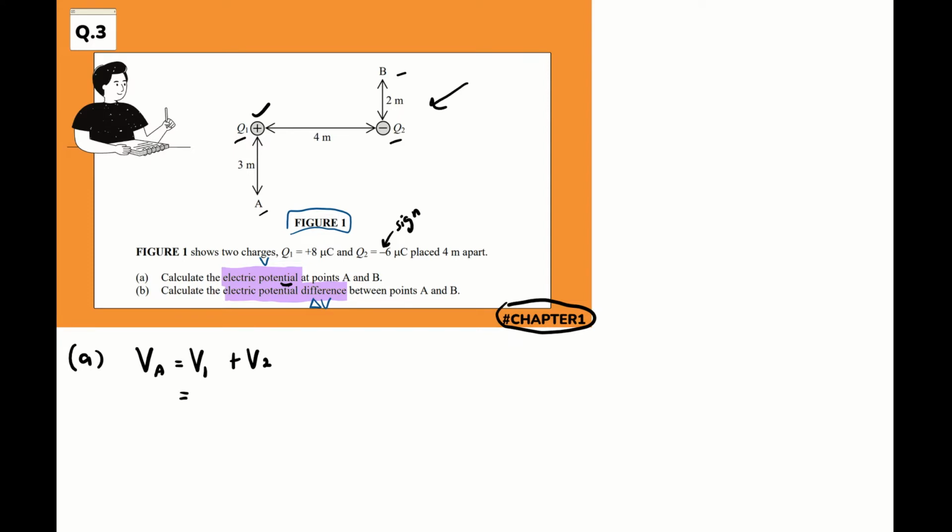So for point A, we have V1 plus V2. We may factorize our constant K, equal to Q1 over R from point A to charge number 1, plus Q2 over the distance from point A to charge number 2. We substitute the values. 9 times 10 to 9.